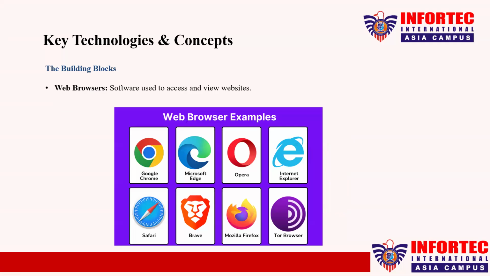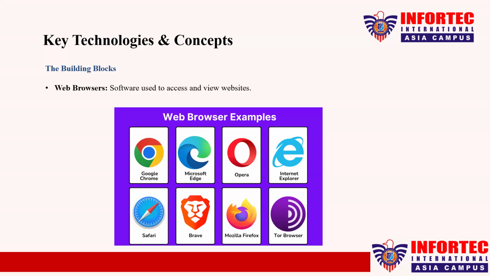And then with this World Wide Web, you should understand what web browsers are. A web browser is software we use to access the internet. What software do we use? We use Google Chrome, Microsoft Edge, Opera, Internet Explorer. These are some web browsers. This is software, and you should install it on your computer.